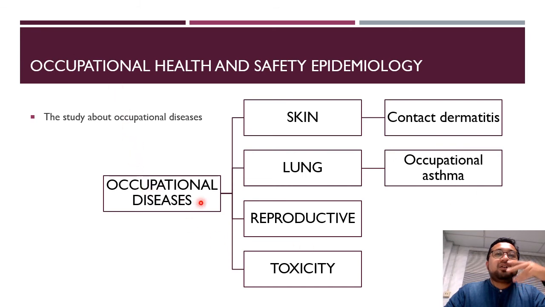So risk tersebut boleh leads to occupational disease. Occupational disease ni based on tempat mana yang dia masuk, okay, dia akan jadi either skin disease, lung disease, reproductive disease, toxicity, nervous system, ikut sistem badan kita lah. Selalunya disease yang berlaku ni adalah how our body contact with the risk factor tersebut dalam environment. Contohnya melalui hidung, mulut dapat menyebabkan lung disease, bagi contoh.